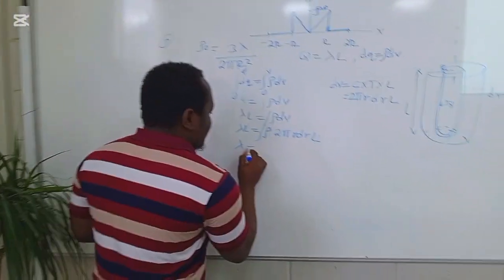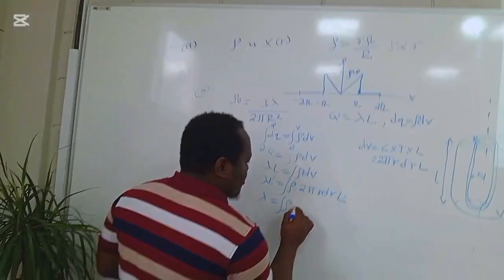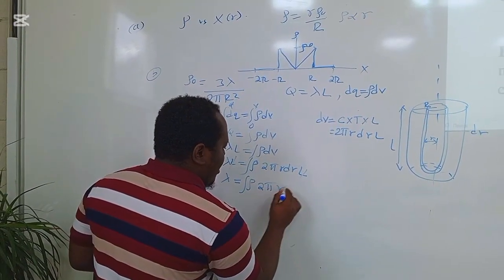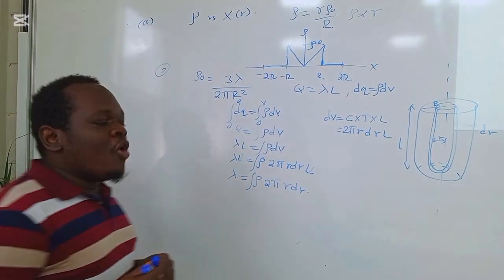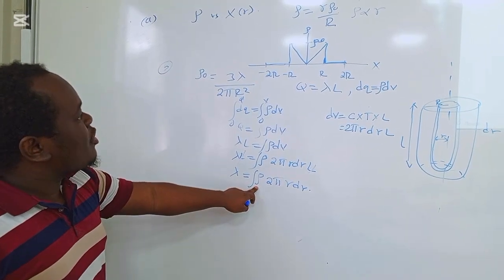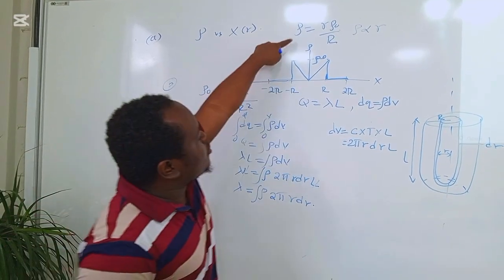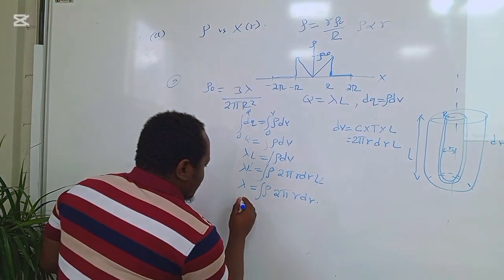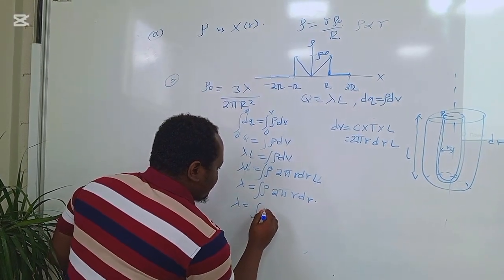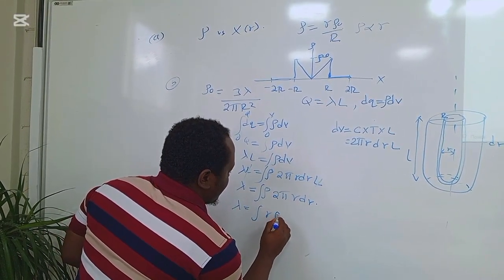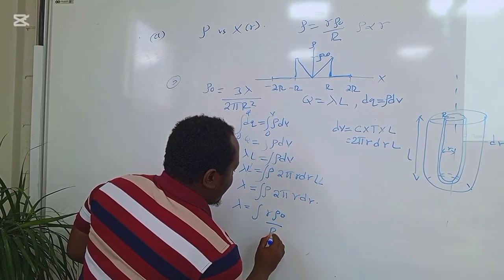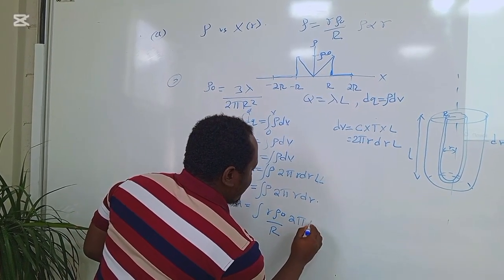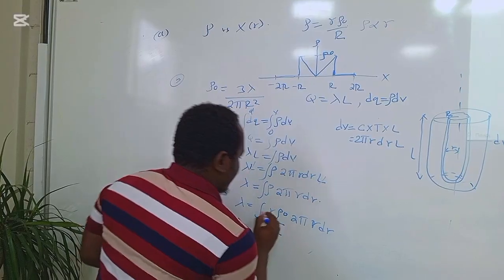So lambda is equal to rho 2 pi r dr. Also, we need to know what rho is. We have also been given this is equal to r rho naught over R capital. So lambda is equal to r rho naught over R capital times 2 pi r dr.